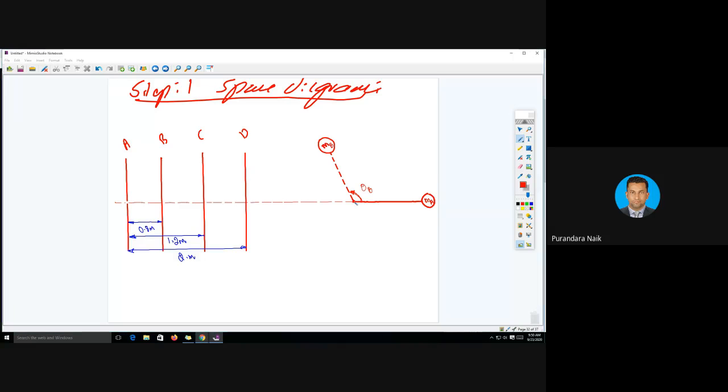MC. I don't know the angle of C, but I know the mass. MC. This is dotted. Theta C. D also, I don't know the mass as well as the angle.